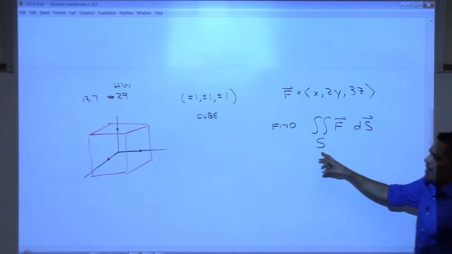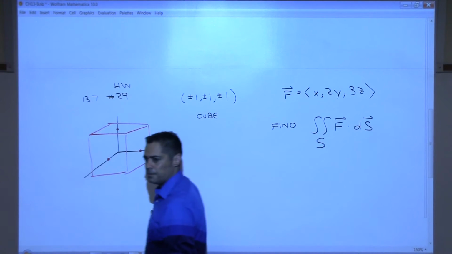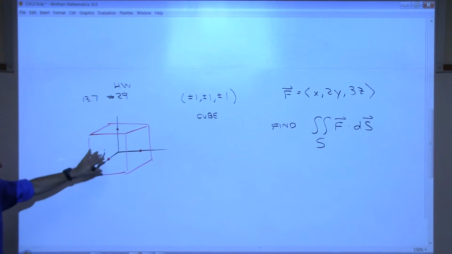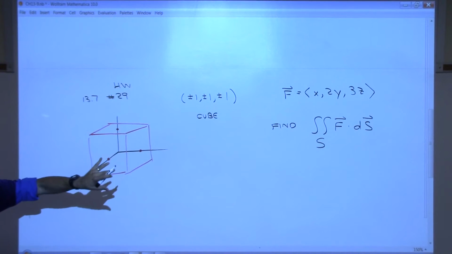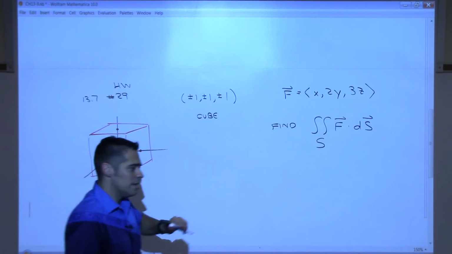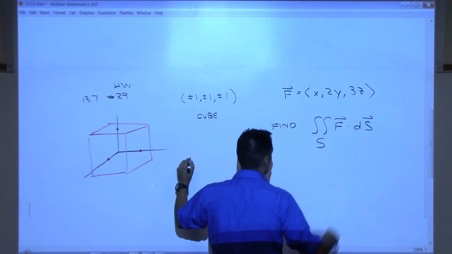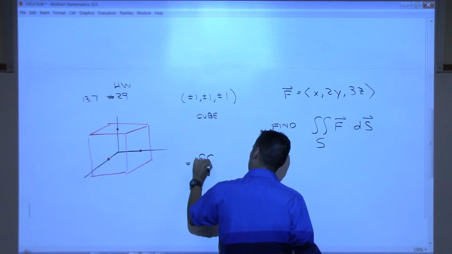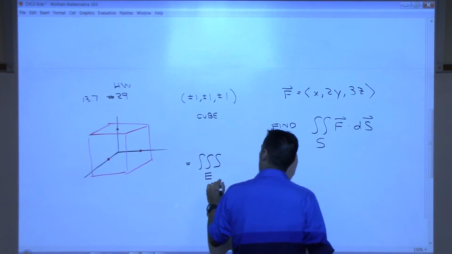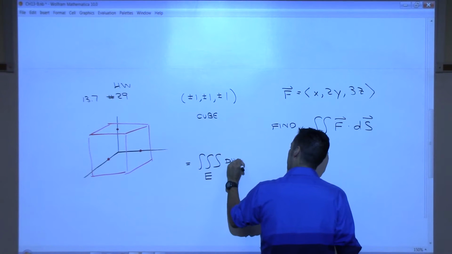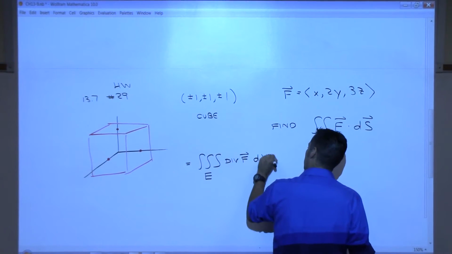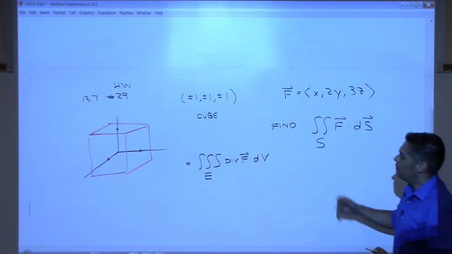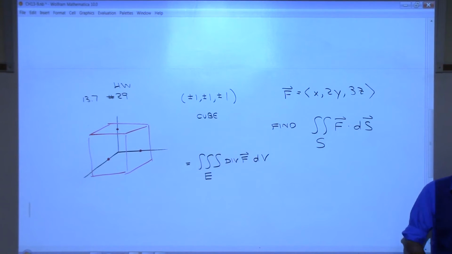Does this surface S enclose a solid? Yes? That solid in there is E. So I can convert this over to a triple integral over E of the div of F with respect to volume. Now I need to compute the div of F. So what is the div of F here?